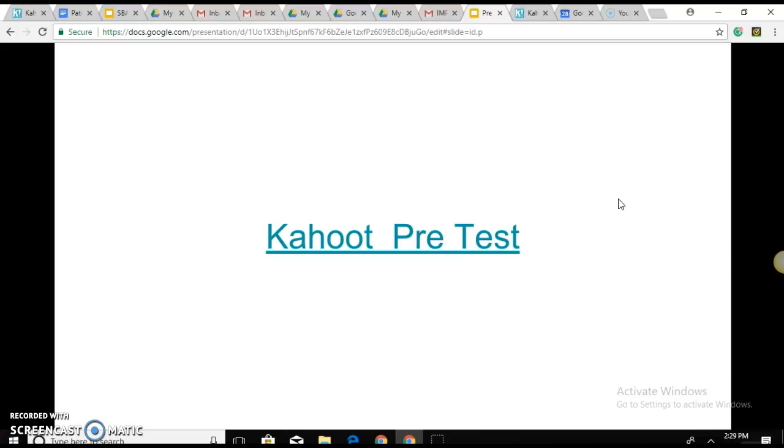And so after they took the Kahoot test, I was able to see how each person did. I looked at the results, and then I was able to see where the deficiencies were in their knowledge based on the SBAR communication. And the results were great. Most of the students, I have 10 students in my clinical, so a majority of students knew what the SBAR stood for.